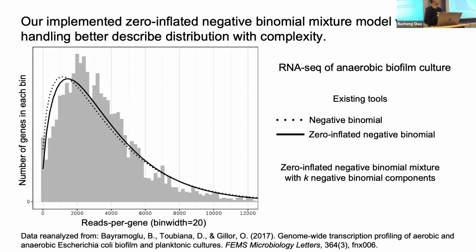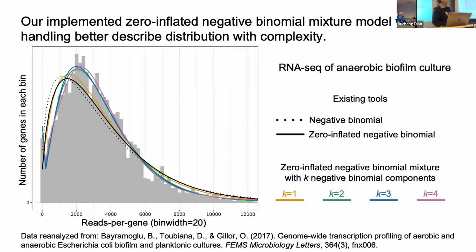After we implemented the zero-inflated negative binomial mixture model, we fit it to the data with from 1 to 4 negative binomial components in the model. So here is the fit that we see. The orange line, with one negative binomial component, still looks better than the existing tools.